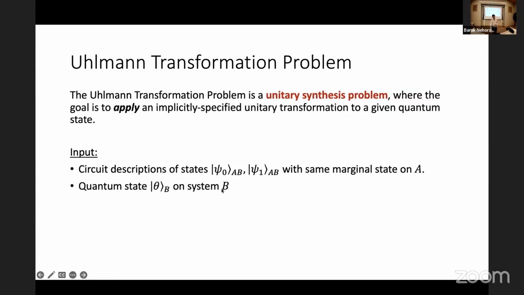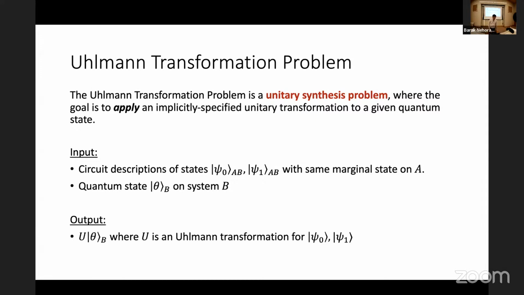Just to make sure we understand, these two states psi 0, psi 1 are on 2n qubits, but you're given classical descriptions of them. You're given them classically because you just write down on a piece of paper what the quantum circuits are. Then separately, you get in quantum form this state theta B, which is on n qubits.